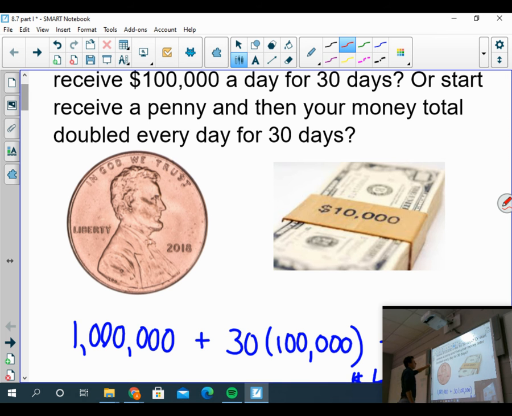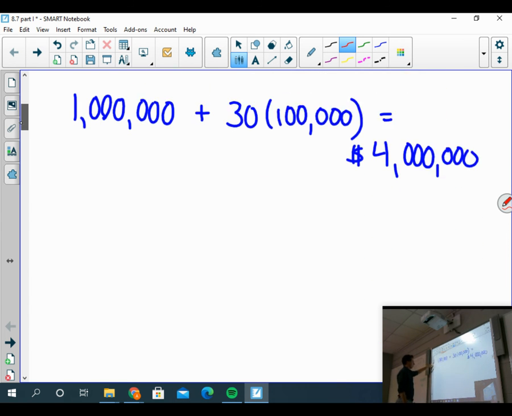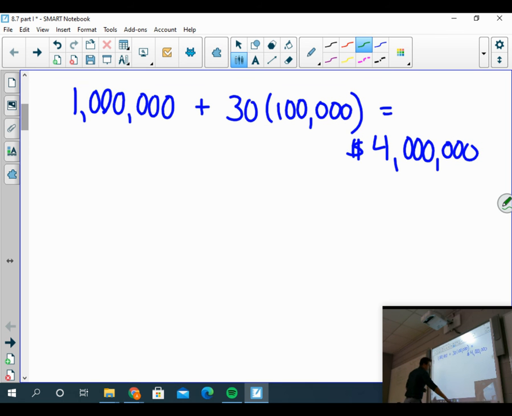You see, the second one, we start and we get a penny, and then your money total gets doubled every day for 30 days. So if I'm on a game show, the host would hand me a penny and then say, okay, starting tomorrow, that money amount is going to get doubled every single day. So we start with 1 penny.